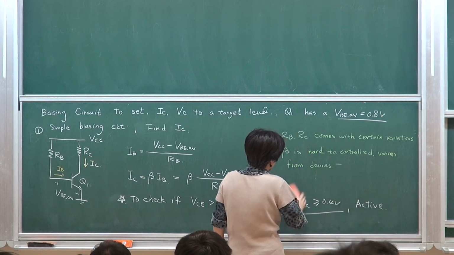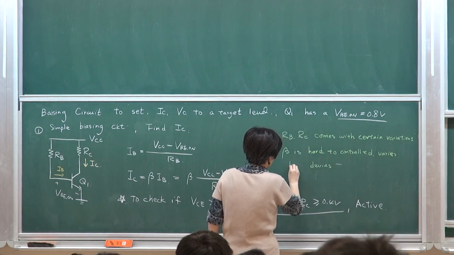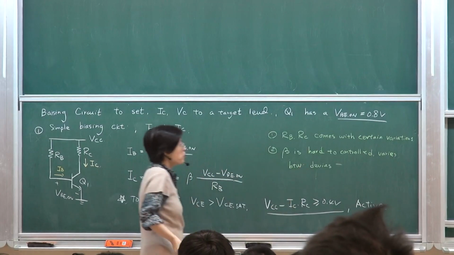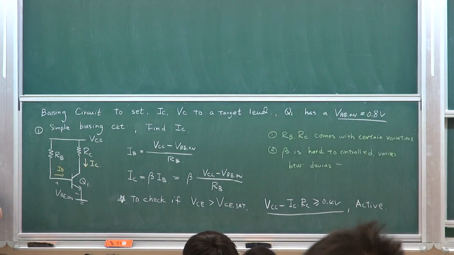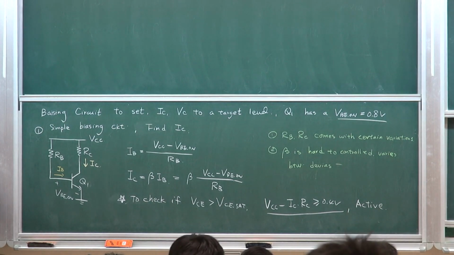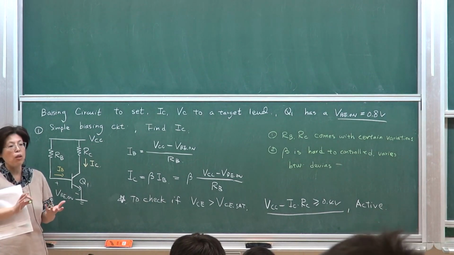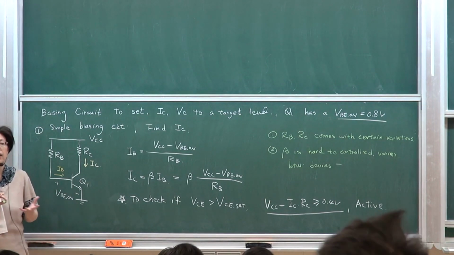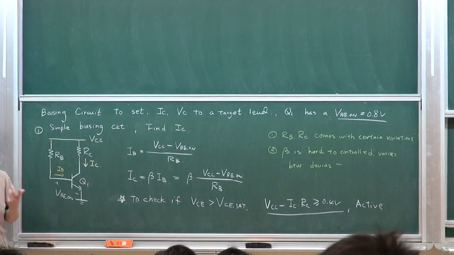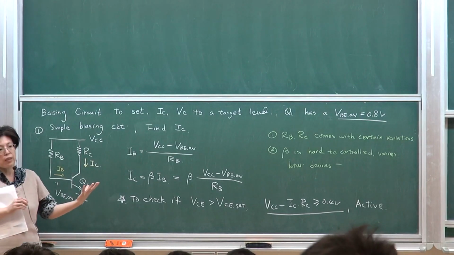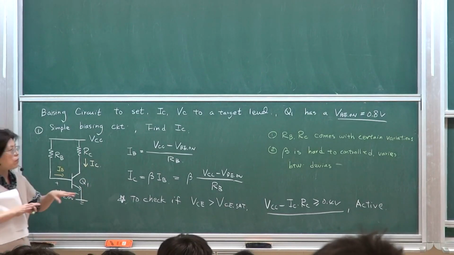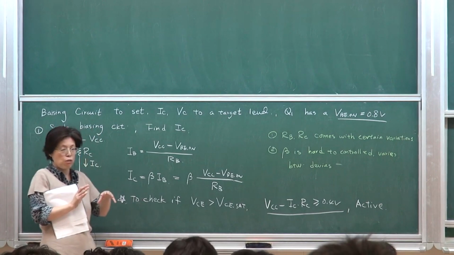Even though I tell you that beta equals 100, in most cases in circuit design you have to view it as: I can ensure that beta is at least 100. All of them are larger than 100, but I cannot guarantee all of them are 100 precisely. It will be a range, for example, 100 to 500. So there's a lot of variation of the parameters that you cannot control.